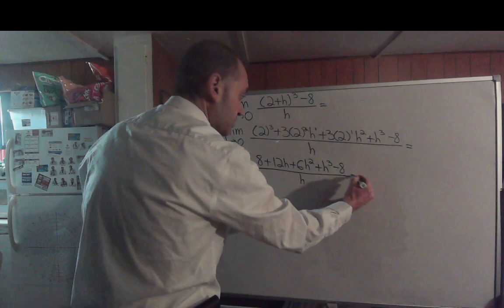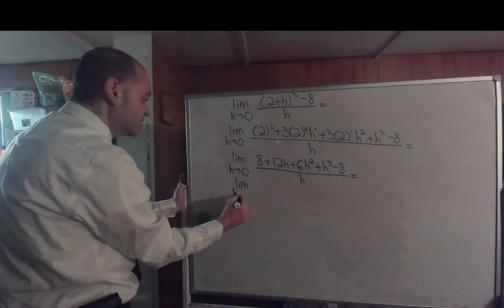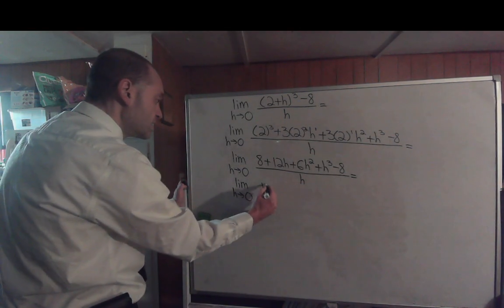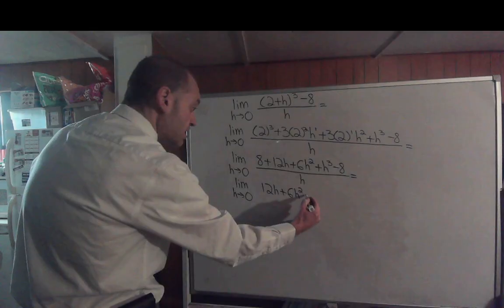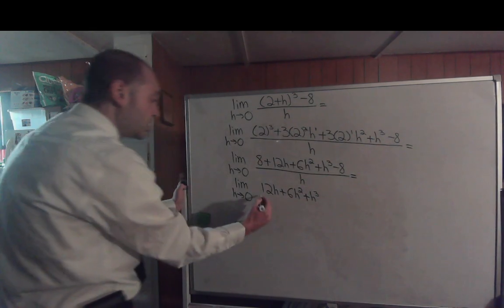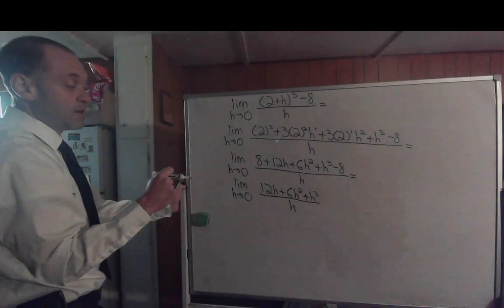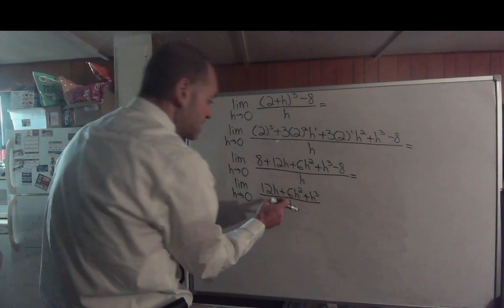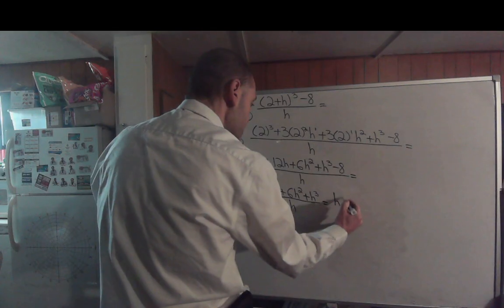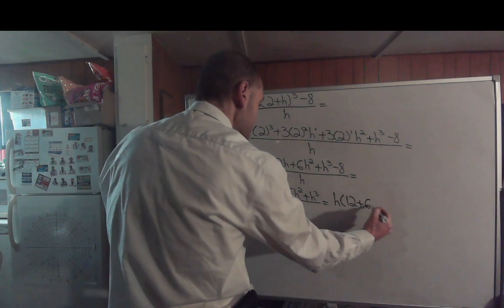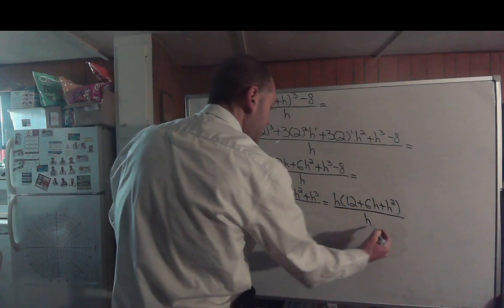Well, your 8s cancel out. 8 minus 8 is 0, so you're left with all h terms. You'll have the limit as h approaches 0 of 12h plus 6h squared plus h cubed, all that divided by h. And then if you go ahead and factor out a common h, you would end up having h times the quantity of 12 plus 6h plus h squared, all that divided by h.